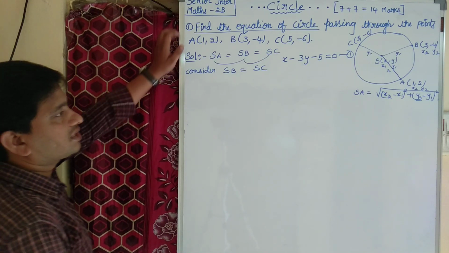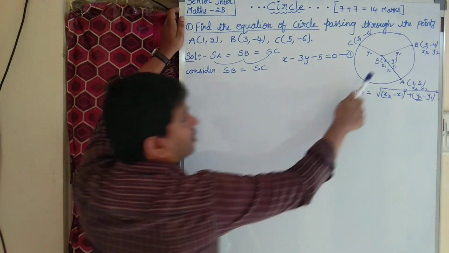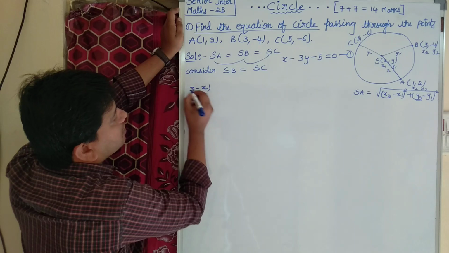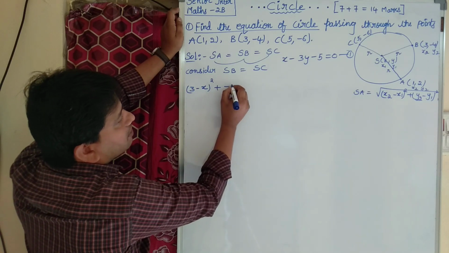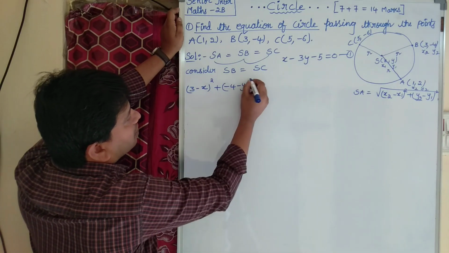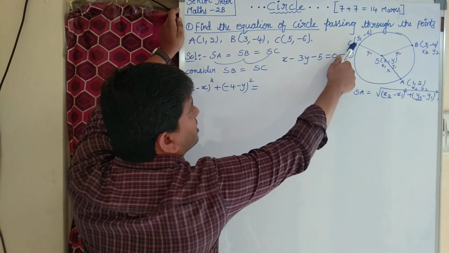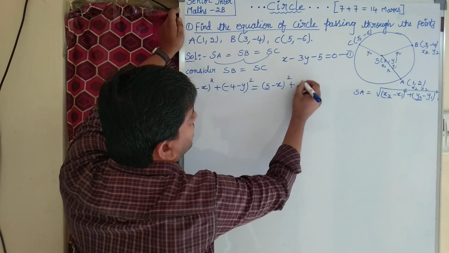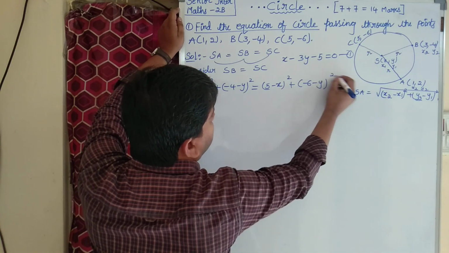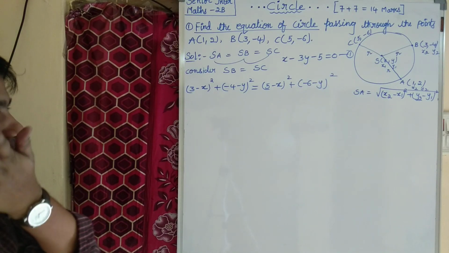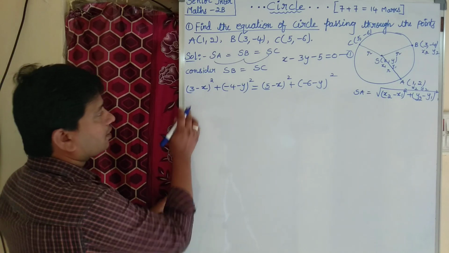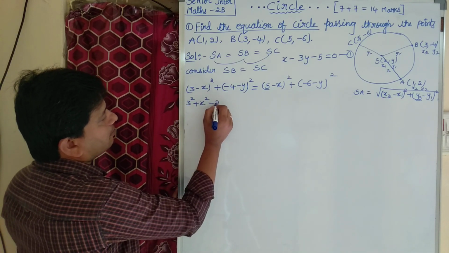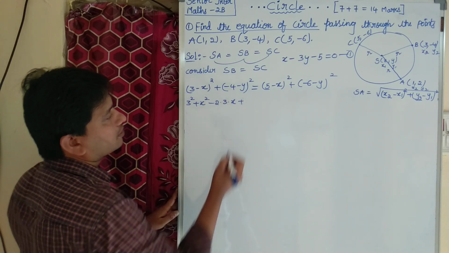What is SB? Distance between S and B. So again, 3 minus x whole square plus minus 4 minus y whole square equal to distance between S and C, that is 5 minus x whole square plus minus 6 minus y whole square. Okay children? Again a minus b whole square is a square plus b square minus 2ab.